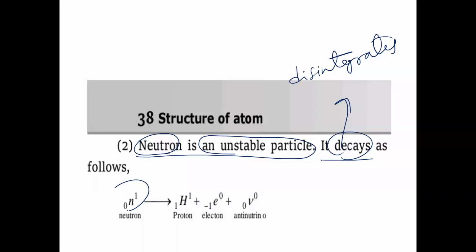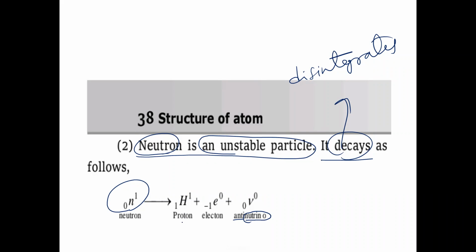The neutron is given by n, 0, 1. The neutron particle is divided into a proton, an electron and one anti-neutrino. So anti-neutrino is produced along with the proton and electron.